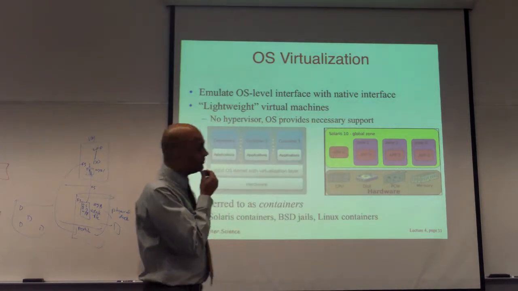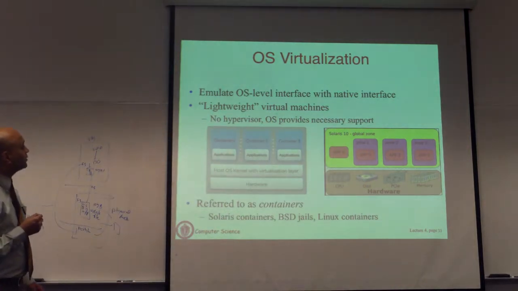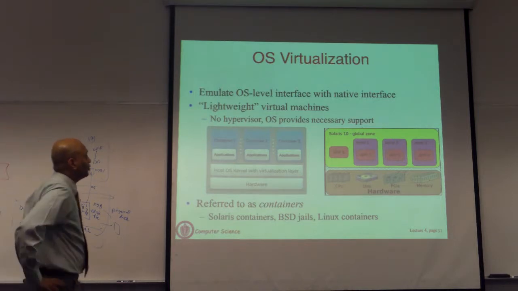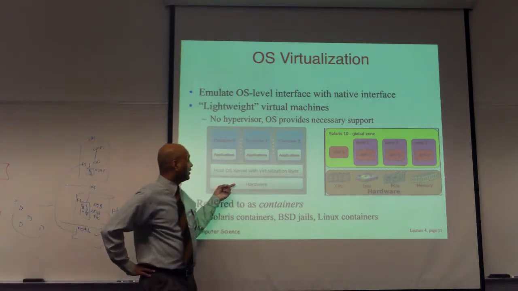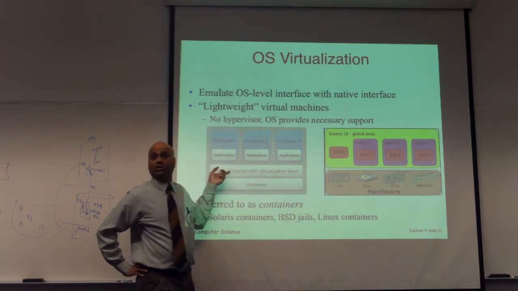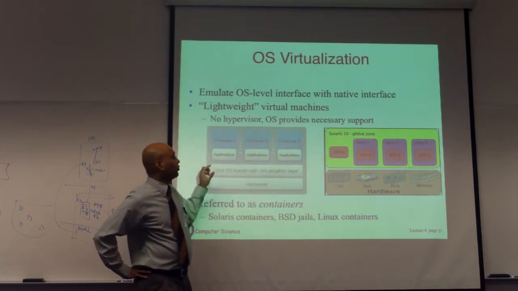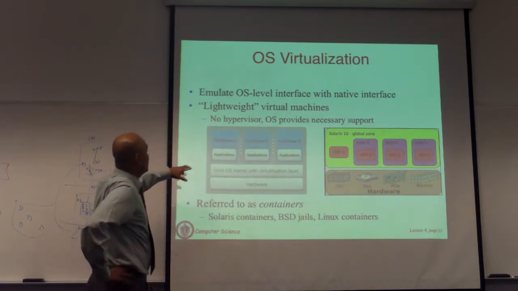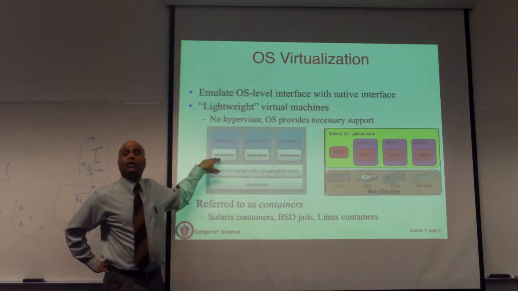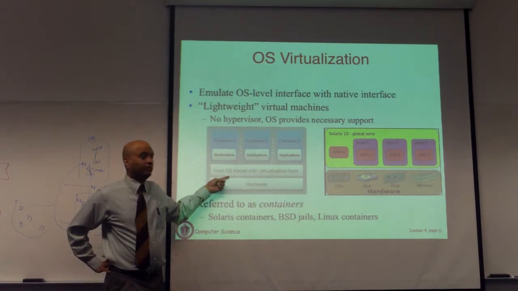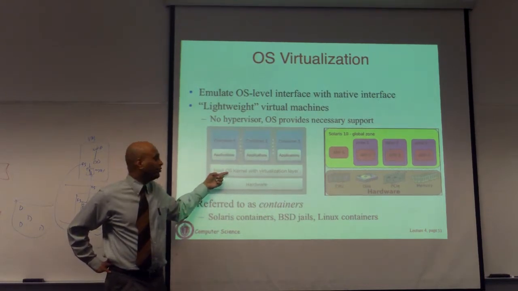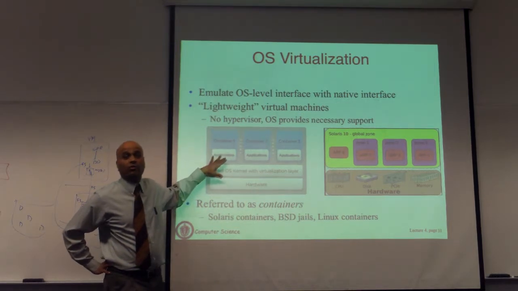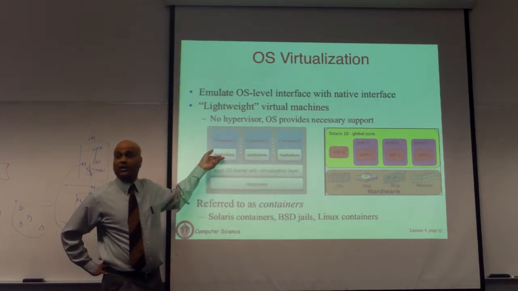Here are two different pictures to show you what is actually happening in OS level virtualization. Here is your hardware, and that's your OS kernel. The OS kernel is going to provide the notion of a lightweight virtual machine, where inside each one you can emulate either the same system call interface as the native OS or a slightly different one, but there is not going to be an OS running inside there.